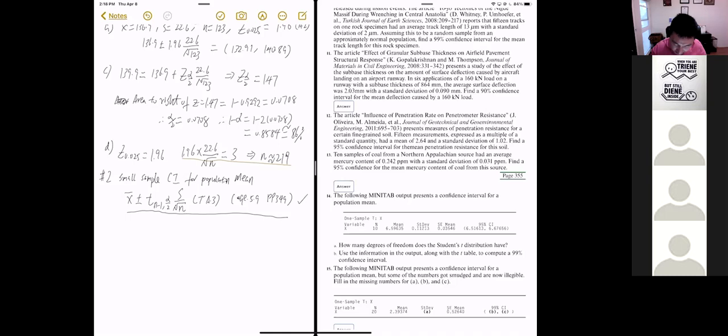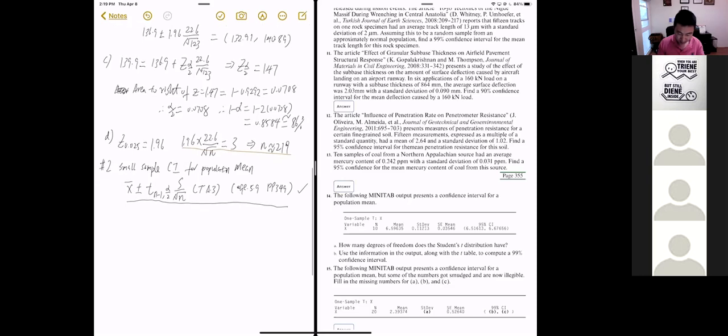Influence of penetration rates on penetrometer resistance. A journal paper presents measures of penetration resistance for a certain fine-grained soil. 15 measurements, a small sample because it is less than 30. 15 measurements expressed as multiples of a standard quantity give us the mean value 2.64, standard deviation 1.02.